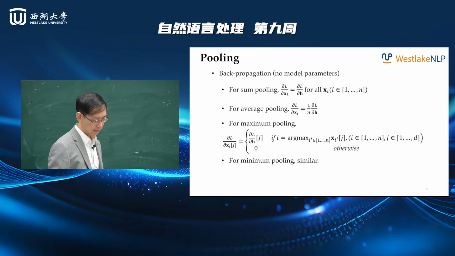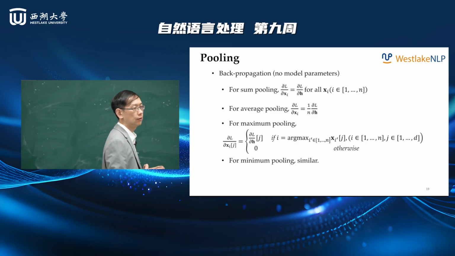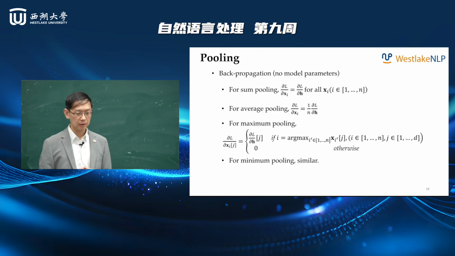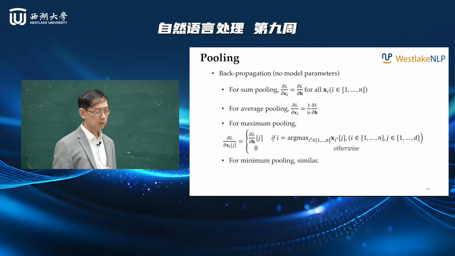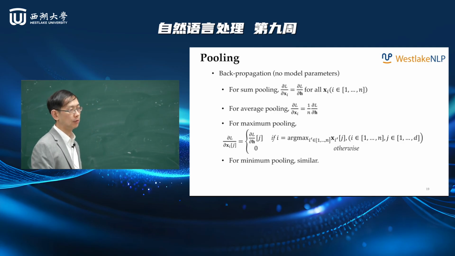So a vector will receive a gradient on the element that contributes to the output vector. That's the maximum pooling. So similarly for minimum pooling. With these rules, we can complete the pooling module.